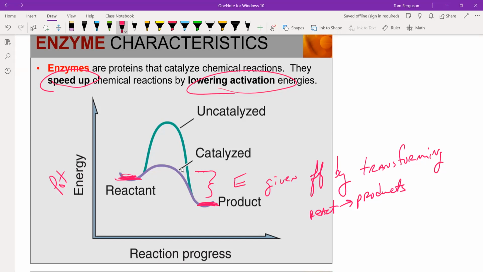Now, this hump here is called the activation energy.